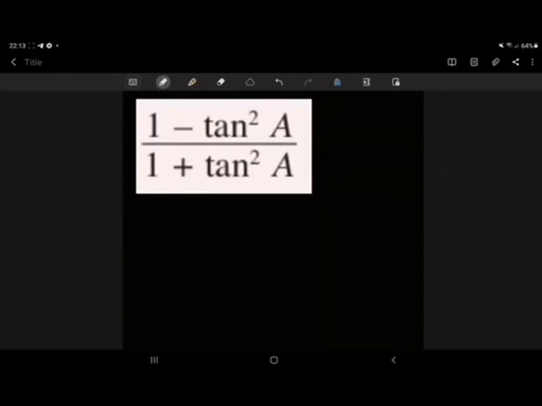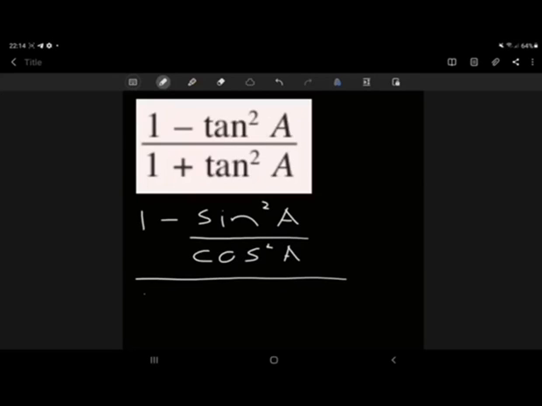The question is 1 minus tan square a divided by 1 plus tan square a. First, the solution: 1 minus sin square a divided by cos square a, and divide by 1 plus sin square a divided by cos square a.